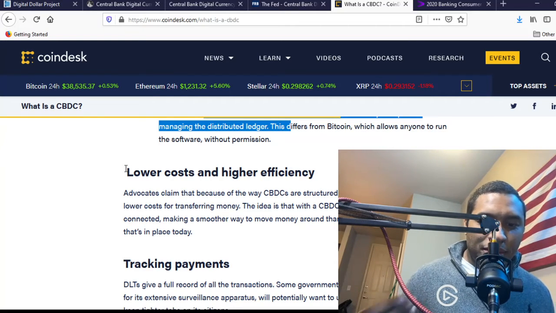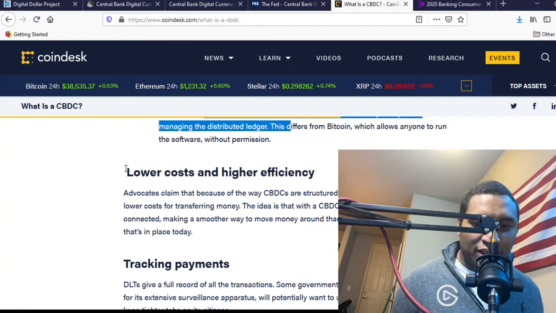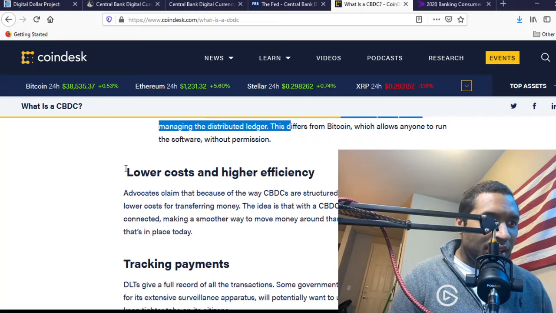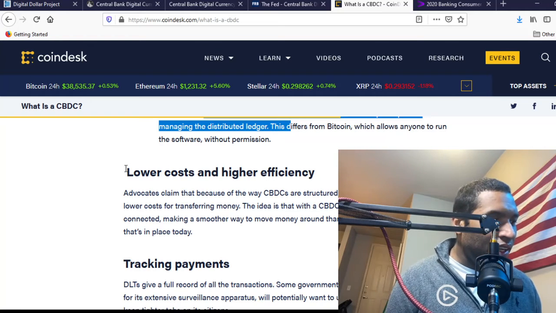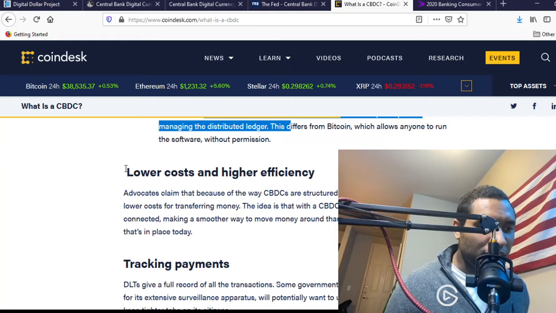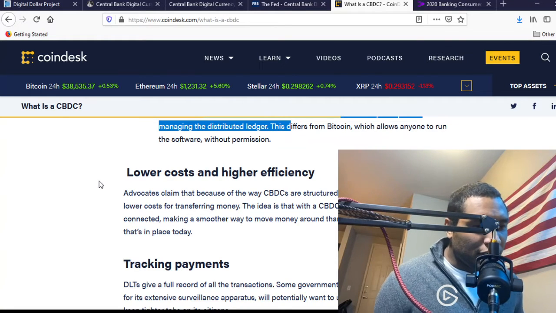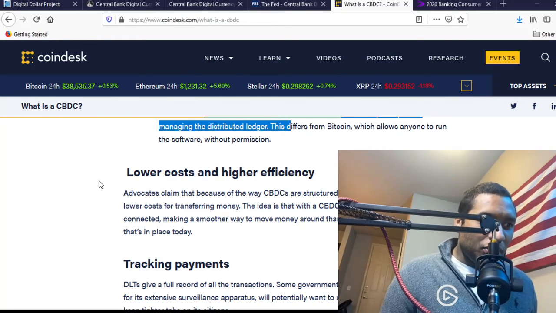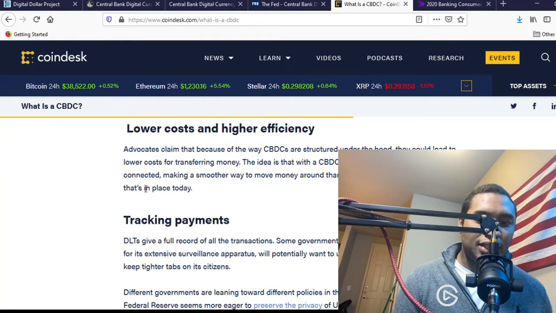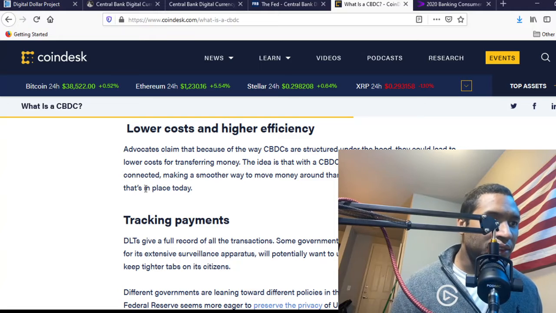So you'll be able to transfer somebody $1 in London within seconds. It's not going to take, right now, what does it take? Days and days and days. You got to do international transfers and all this weird stuff. So it takes a while and it's not efficient.